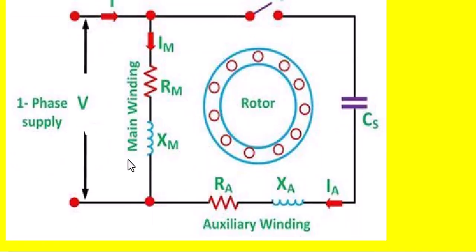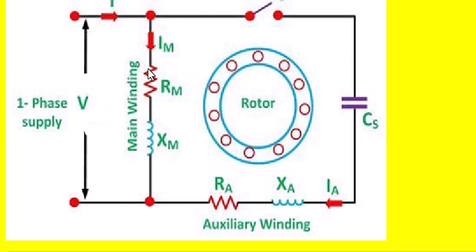Normally the gauge of the main winding is 12, whereas the gauge of the auxiliary winding is 14. Initially, this centrifugal switch is closed when the supply is given to this motor. And here this is the rotor, which is a squirrel cage rotor.